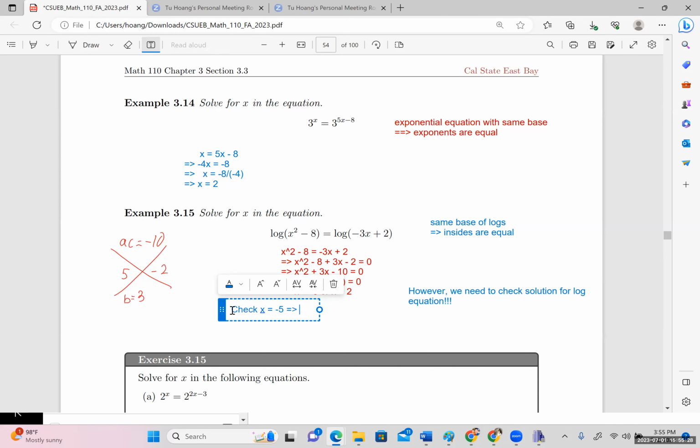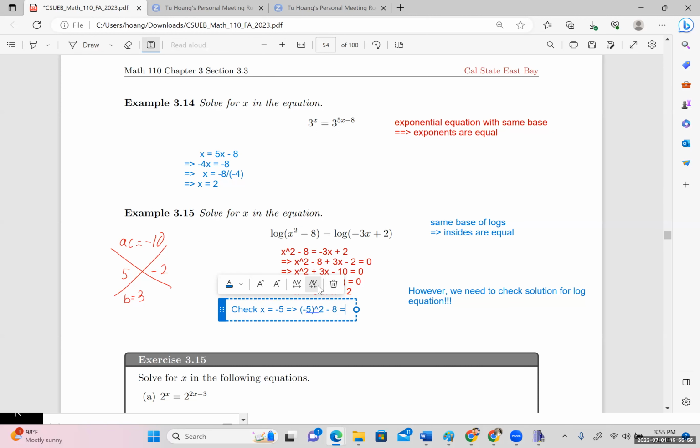Let's say we have log of -5 squared minus 8. You can just check the inside only. So -5 squared minus 8.